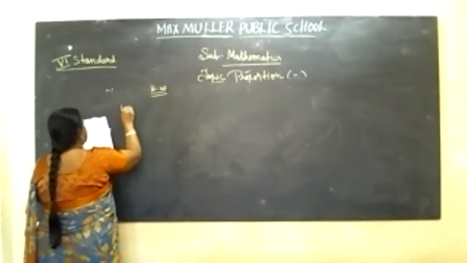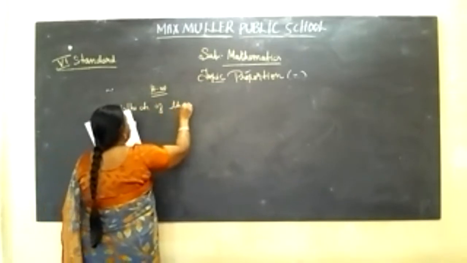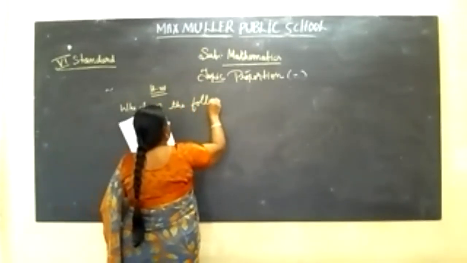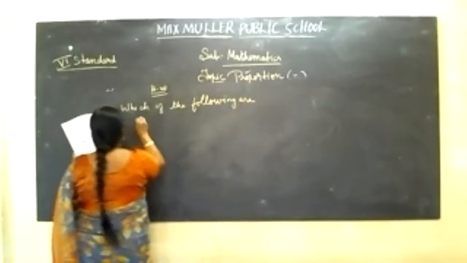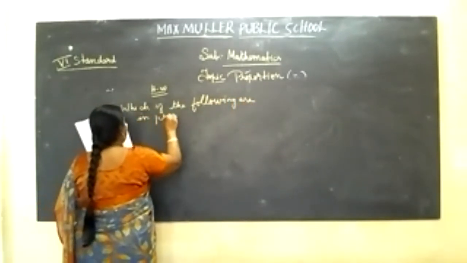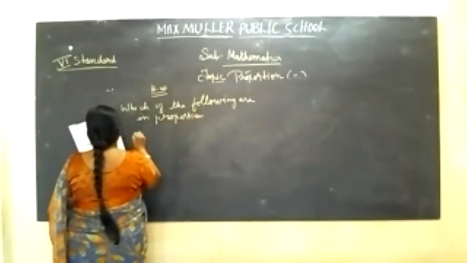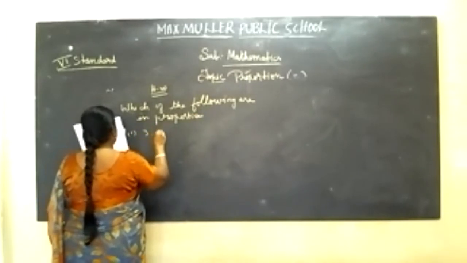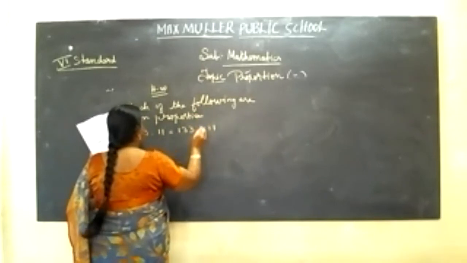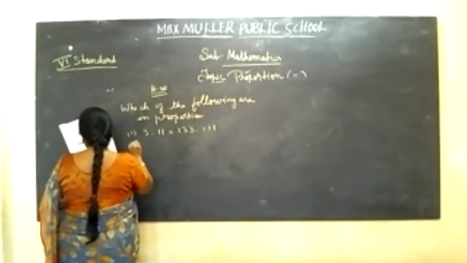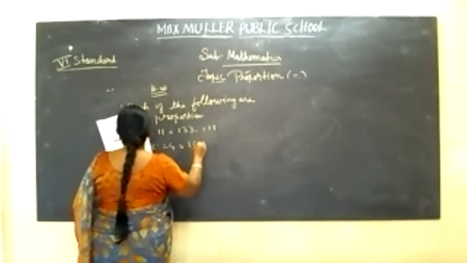Which of the following are in proportion? Question number 1, 33 is to 11 equal to 133 is to 111. Then the second one, 18 is to 24 equal to 15 is to 20.